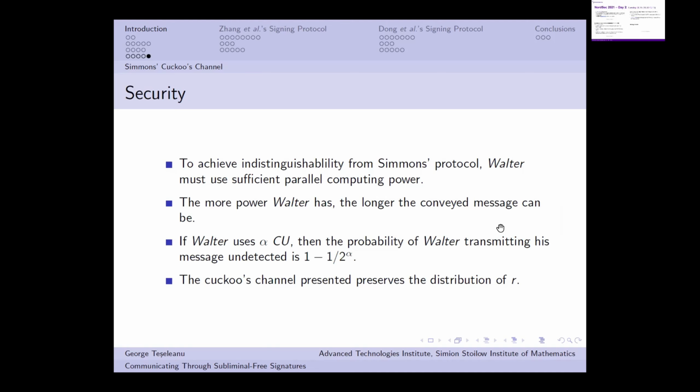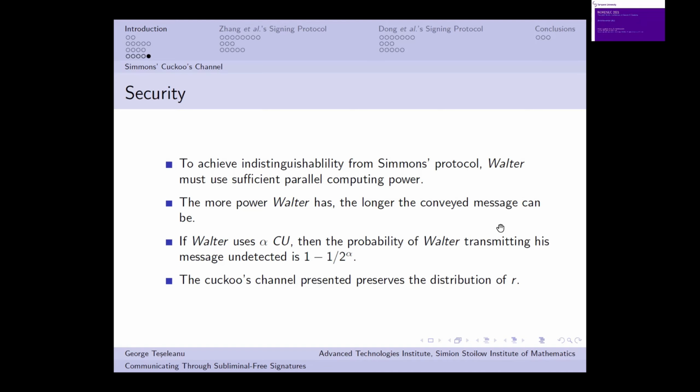Because if the original protocol lasts 5 seconds, then Walter has 5 seconds to find the desired k second. If the protocol takes longer, then Alice might become suspicious and she might stop the whole protocol. So the more power Walter has, the longer the conveyed message can be.